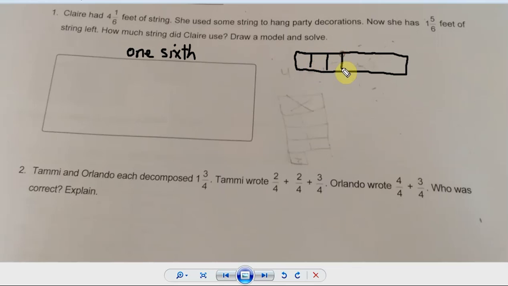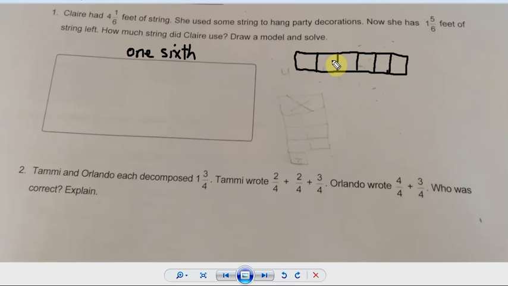1, 2, 3, 4, 5. So that's 1, 2, 3, 4, 5, 6. Okay, that's too many pieces right there. Hold on. Let me see if I can do a better job. So it's 1, 2, 3, 4, 5, and 6.